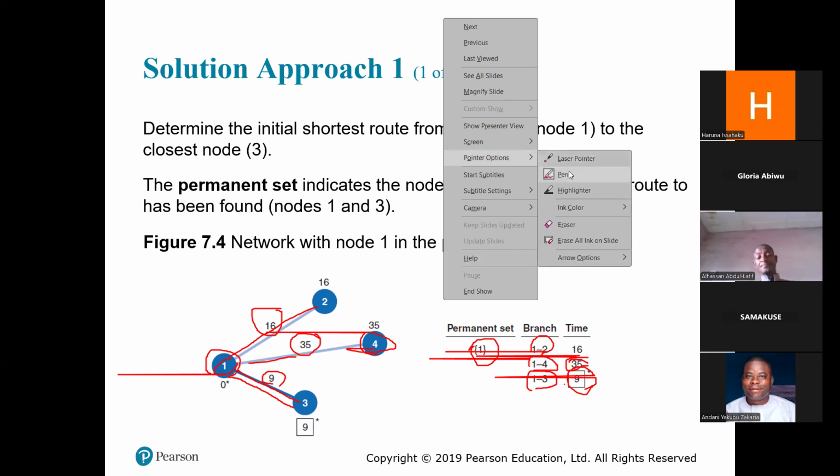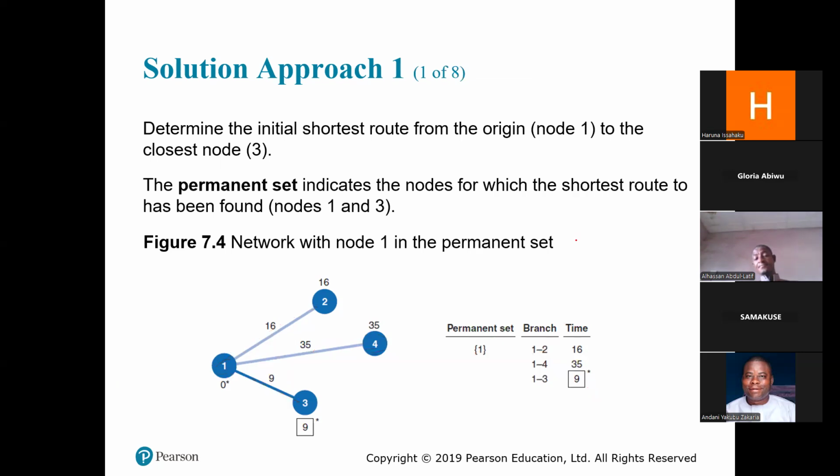So the closest node or destination to the origin is node 3, with a time of 9.